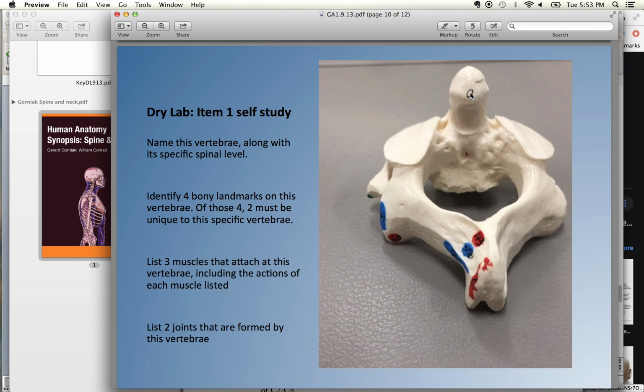And we also have the posterior odontoid joint, which is going to meet right here at this facet on the posterior surface of the odontoid with that all-important transverse ligament. We also have a joint below here, which is going to be your facet joint or your zygapophyseal joint with C3.